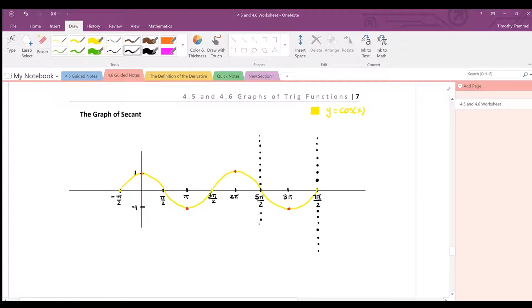Right? Because all these points will be doing 1 over 0. And one last asymptote here.